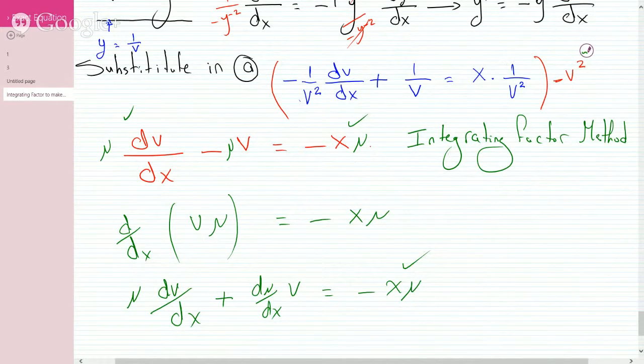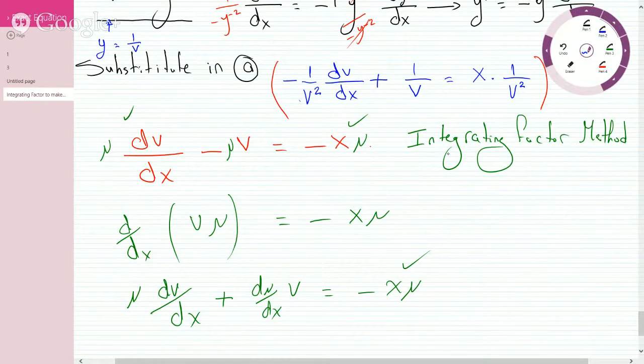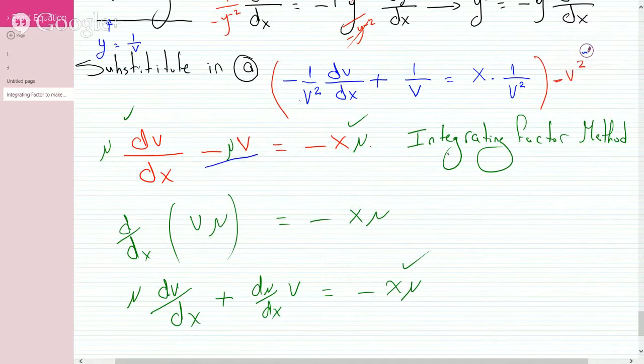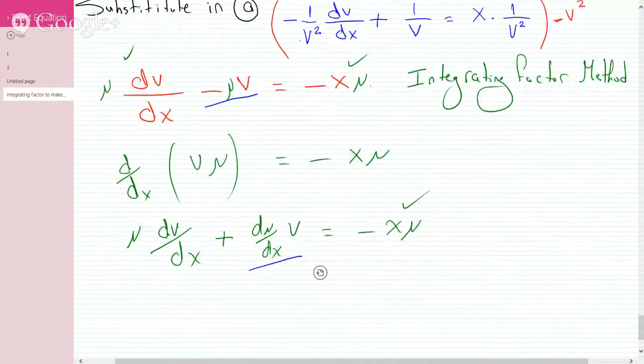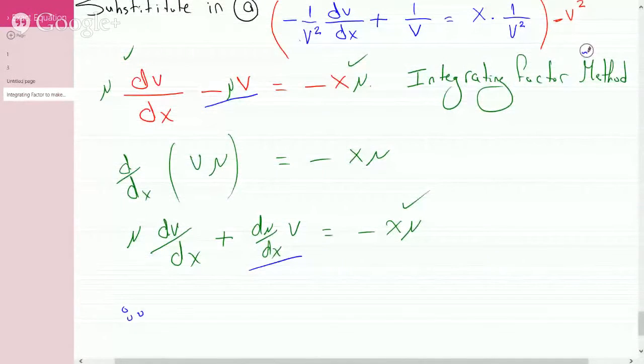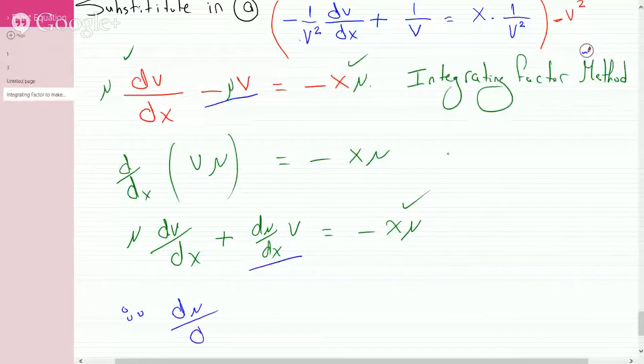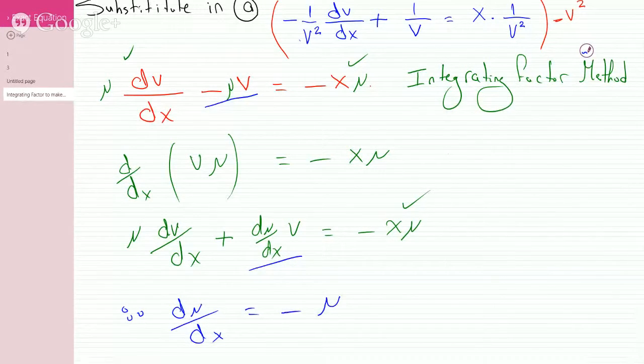So that means the middle terms have to be the same, so this has to equal this, which means d mu over dx has to equal minus mu. Don't forget the minus sign, because there's a minus here.